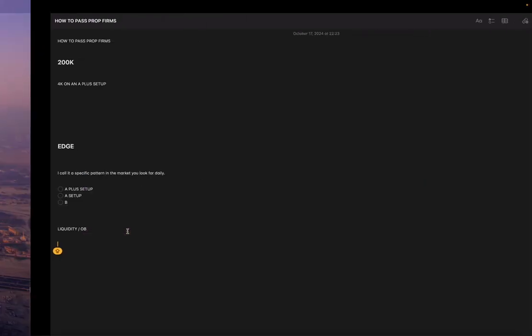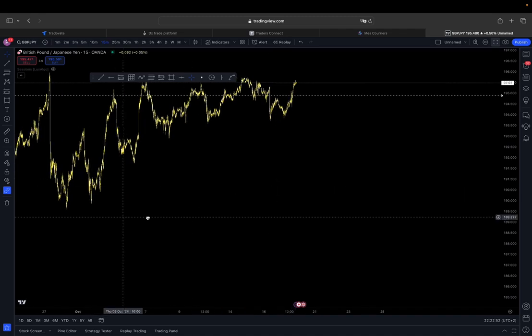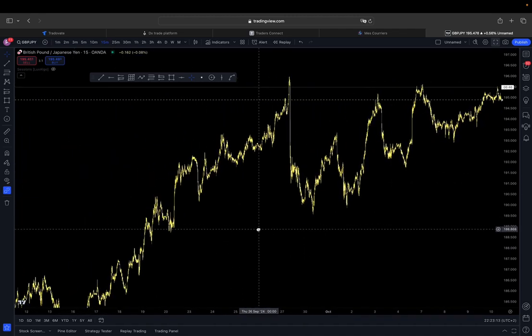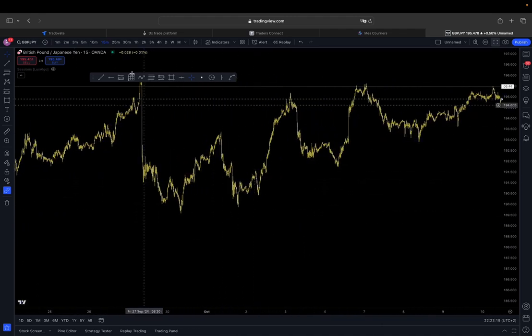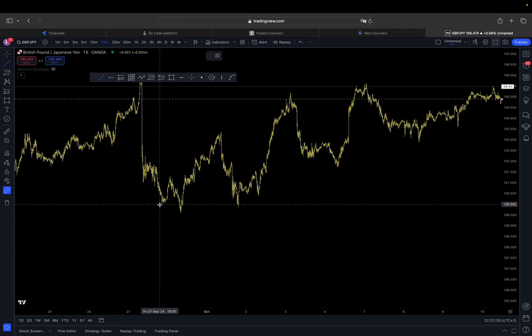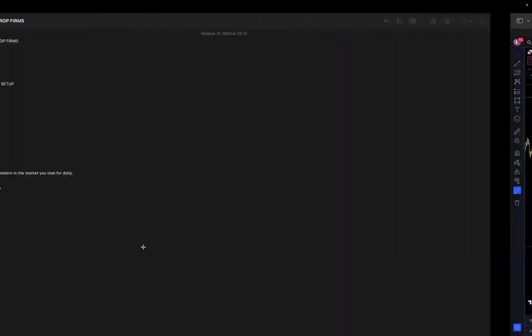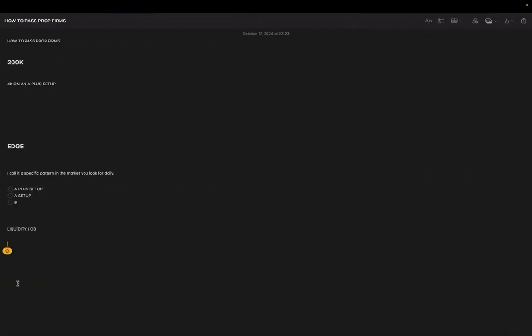Now, what is an A setup? An A setup looks like this. Okay, GBP JPY, what do you get? You get this. Liquidity sweep. First, for your A plus setup, you have first a liquidity sweep.